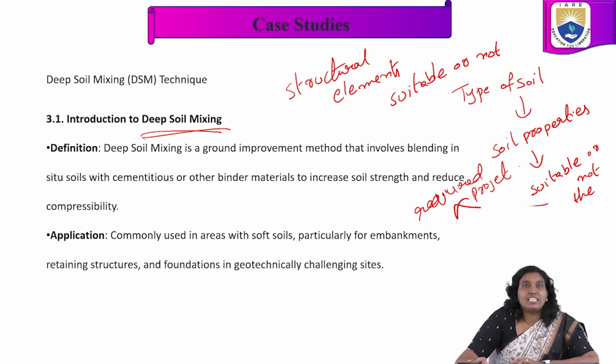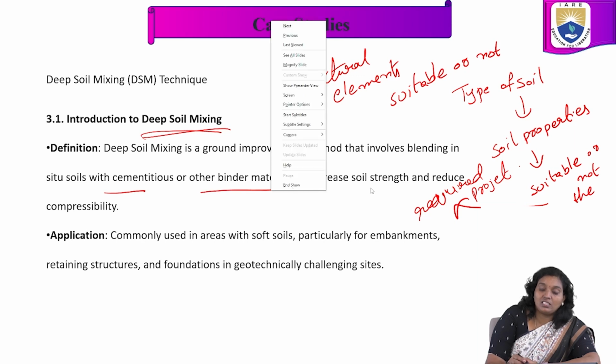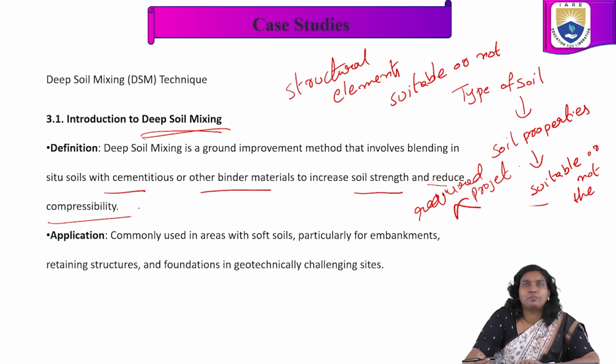Deep soil mixing is a ground improvement method that involves blending in situ soils with cementitious or other binder materials to increase the soil strength and reduce compressibility.